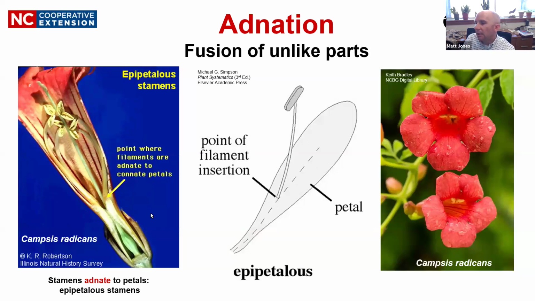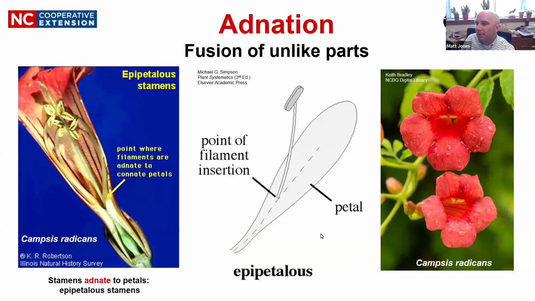You might have stamens fused to the pistils. In the case of hypanthia, which we'll see in a minute, all the parts are kind of fused into one cup at the base, for example. But the most common derivation of this is having stamens adnate to petals.